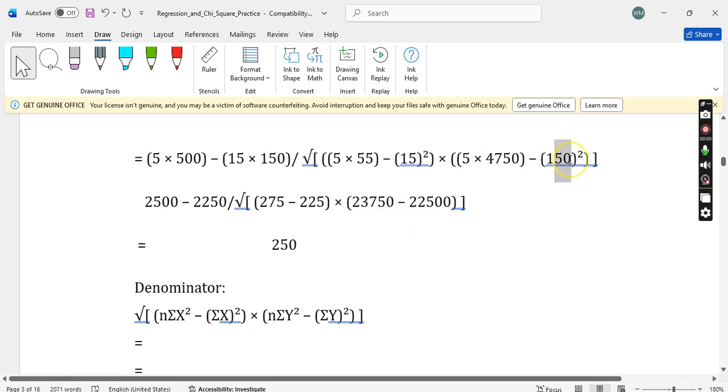Then 150 squared, this was our summation of y, it was 150, then we square it, becomes 22,500.